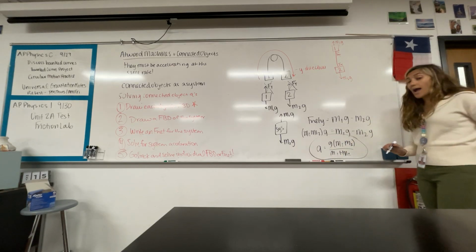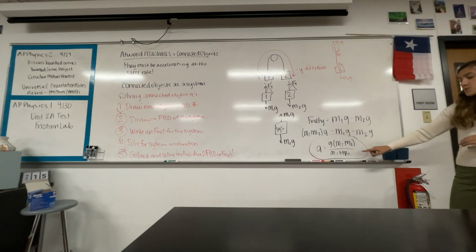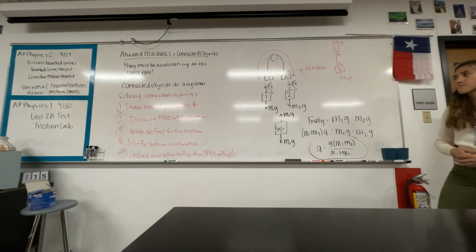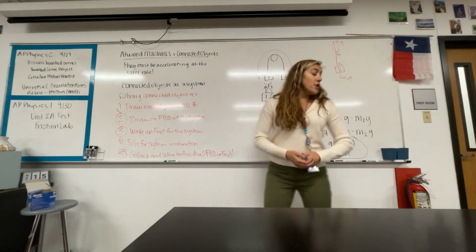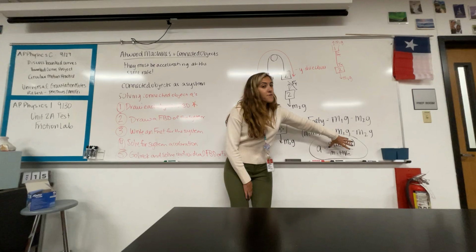For a straight Atwood machine, the simplest kind that you can have, that is the acceleration. This would be the acceleration of the whole system, so both of them. Notice, if mass 1 is bigger, then my acceleration is positive.